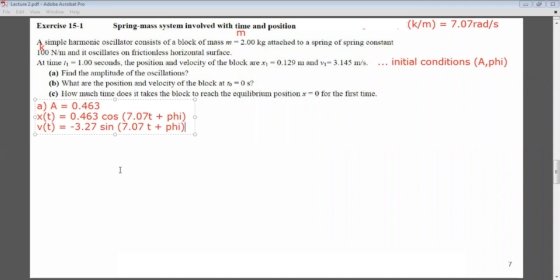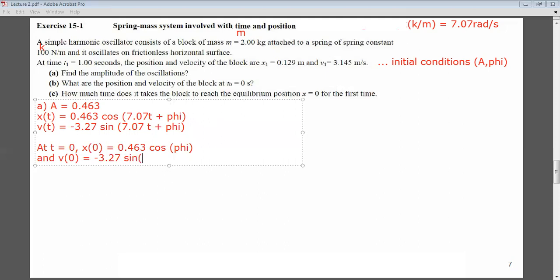So what is happening at t equal to 0? x of 0 is equal to 0.463 cosine phi. Okay. And v of 0 is equal to, sorry, minus 3.27 sine phi.